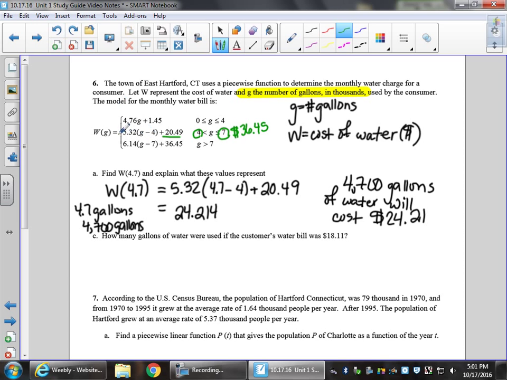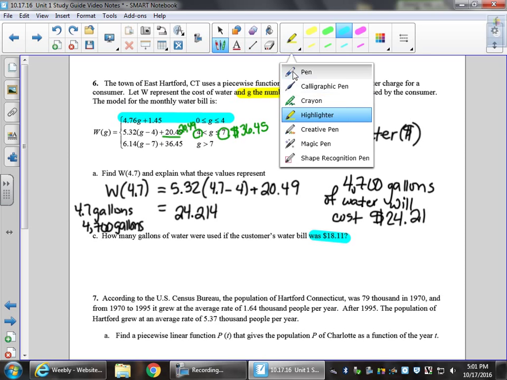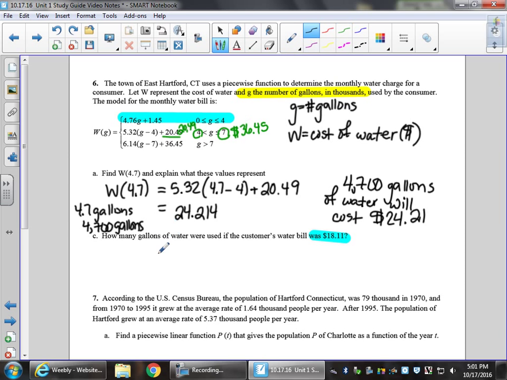If you substitute in 4 in your calculator, this gets you 20.49. So 18.11 definitely does not fit in the middle piece, because it's not between 20.49 and 36.45. So right away I know to answer C, I'll be using this first piece, because that's where the cost of 18.11 sits. So it's going to be 18.11 equals 4.76 G plus 1.45, and we're going to solve that.